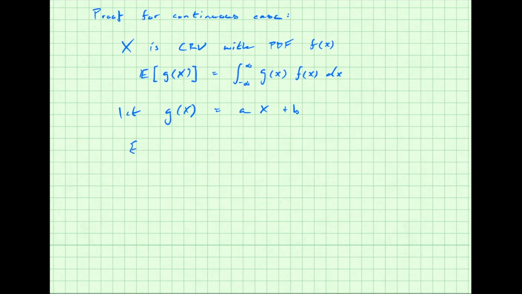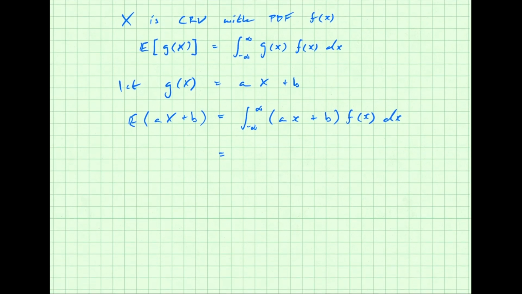The expected value of ax plus b, using that expression there, is the integral from minus infinity to infinity of ax plus b times f of x. We don't have to say what f of x is. We can do this proof all by itself.